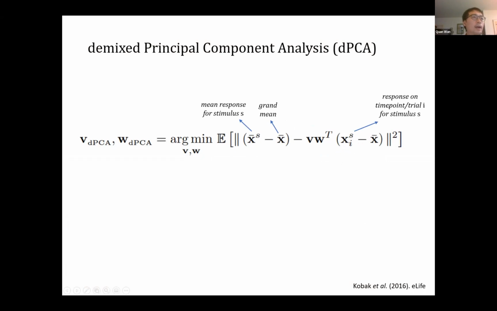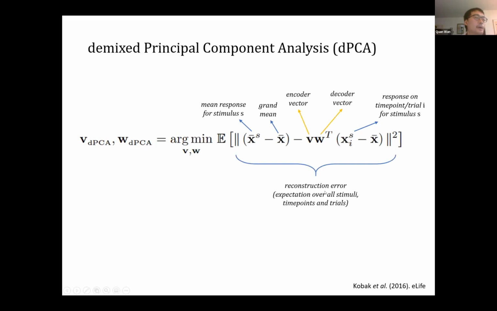And here we have the response on time point or trial i for stimulus S, which shows how each trial or time point fluctuates around the grand mean. What dPCA does is it has a decoder vector and an encoder vector, and the goal of dPCA is to reduce this reconstruction error, which is the expectation over all stimuli and time points.